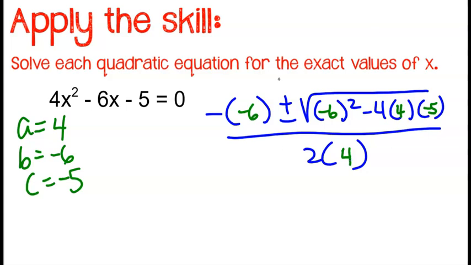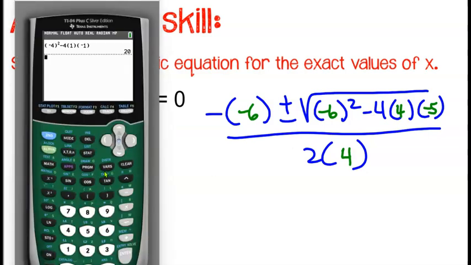Now, instead of computing the whole thing on my calculator, I'm going to compute just the discriminant. So we're going to compute parentheses, negative 6 parentheses squared, subtract 4 parentheses 4 parentheses negative 5.